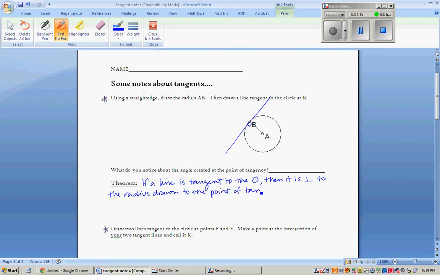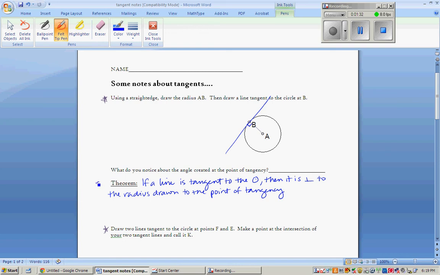This is going to help us because we can use these right angles to form right triangles, use the Pythagorean theorem, find missing sides. The converse also works.